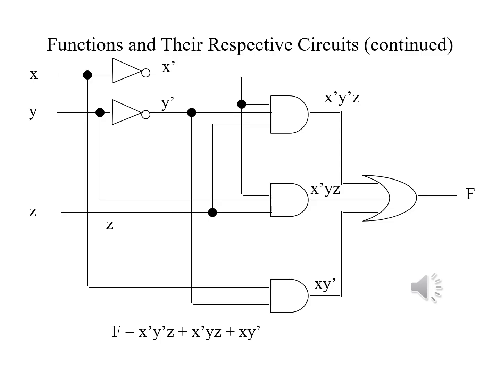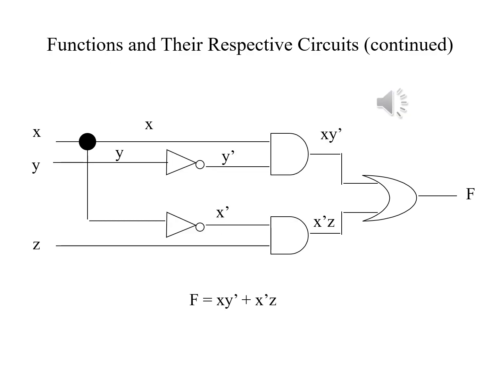In the middle, I have a branch of x prime going into the AND gate, a branch of y going into the AND gate, and again z, giving us x prime, y, z. In the bottom, I have a branch of x and a branch of y prime, giving us x, y prime. These collectively give us x prime, y prime, z, plus x prime, y, z, plus x, y prime.